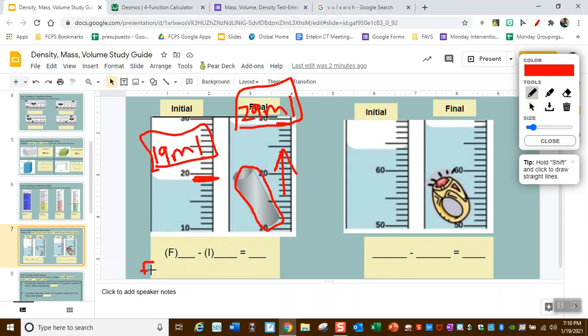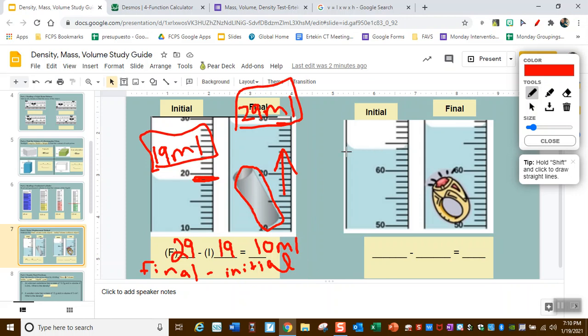El volumen final menos el volumen inicial. So final minus initial volume, okay? So you would do 29 minus 19, and your answer would be 10 milliliters, okay?